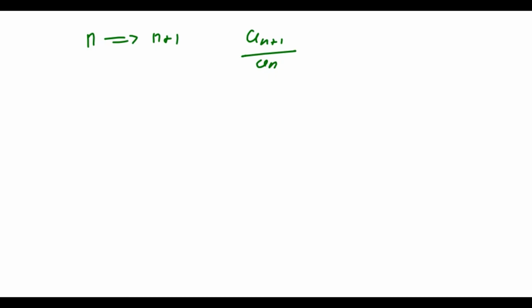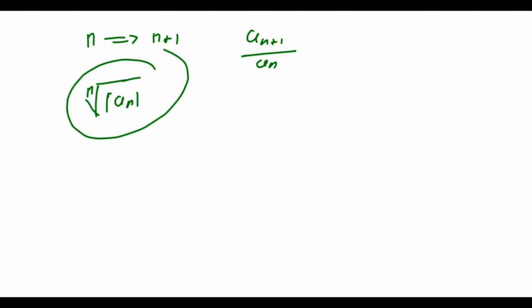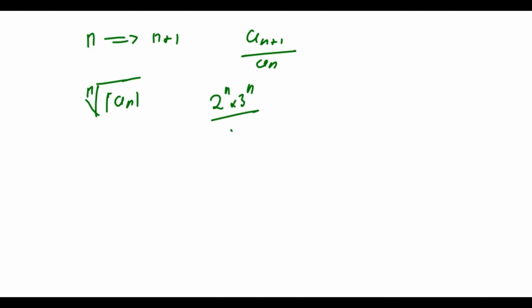If you're using the root test, the root test is about the nth root of the absolute value of a sub n, and this is suitable for those series that are raised to the power n. For example, if you have 2 to the power n multiplied by 3 to the power n divided by, say, e to the power n, you can use the root test there.